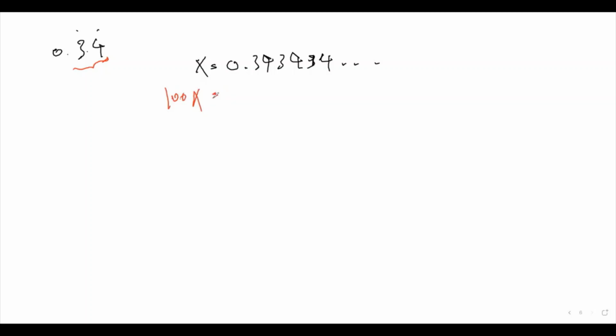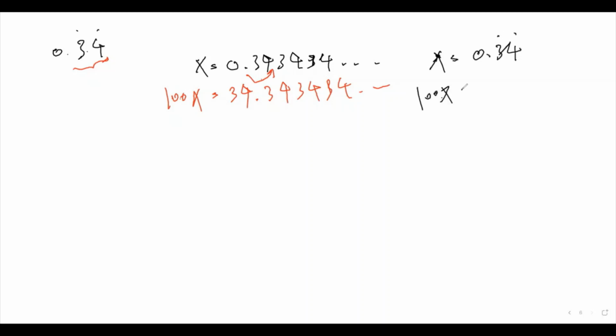100x is equal to, if I multiply the right-hand side by 100, the decimal point moves to the right by 2 positions. So the final answer would be 34 with the repetition of 34, right? If you could do this step in your mind, it's not wrong if you write it this way.